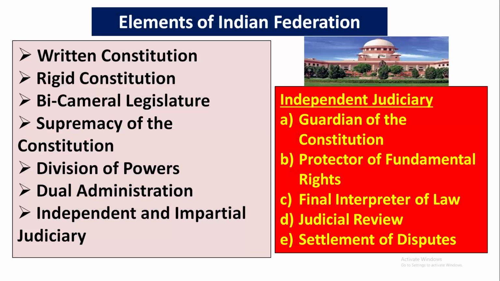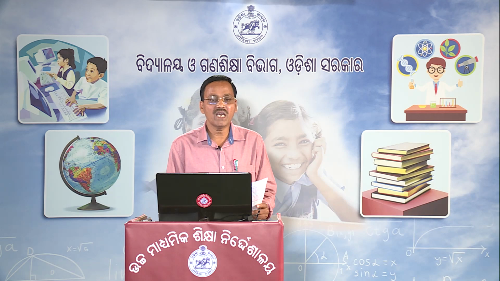The constitution is supreme because whether it is the state governments or union government, or union legislature or state legislature, they should not make any law that violates any provisions of the constitution. If they violate it, then the Supreme Court is there because it is the guardian and protector of the constitution.